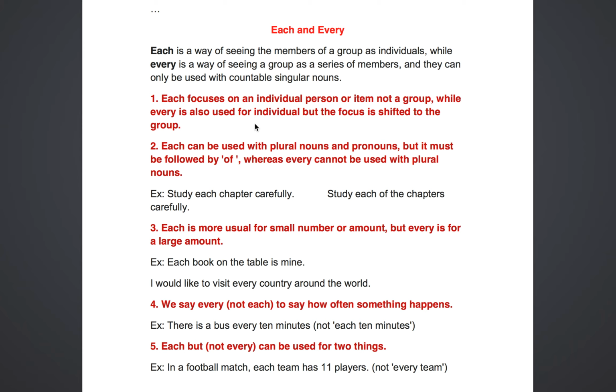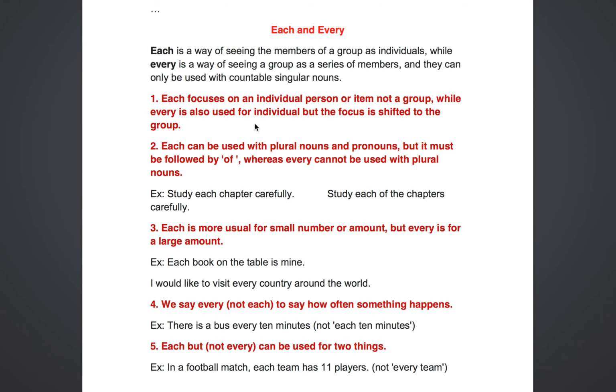Each and every have the same usage in their function or formula: they have to be used with singular nouns, but they have different meanings. Every is a way of seeing a group as a series of members, and they can only be used with countable singular nouns.